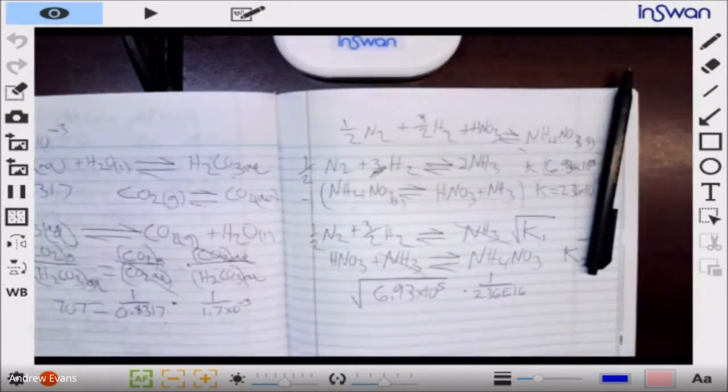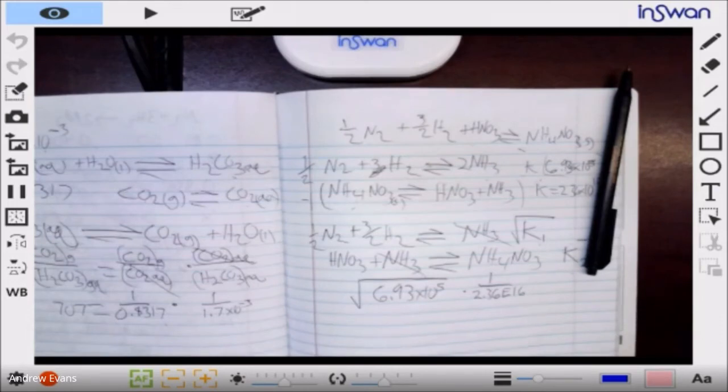Already, logically, my brain should tell me this is not going to be a big number. This is probably going to be a small number. If I get a big number, I probably typed this in wrong. Just to make sure, I'm putting in parentheses where they need be.